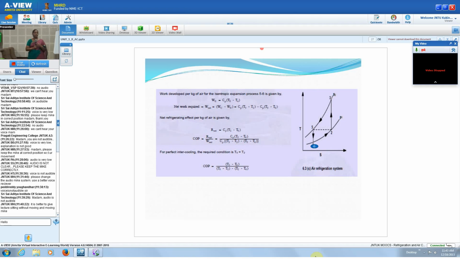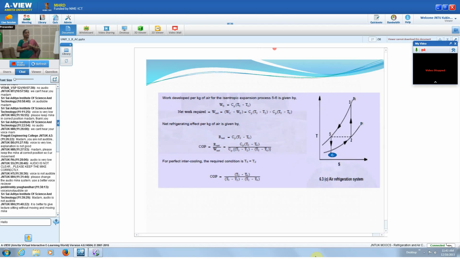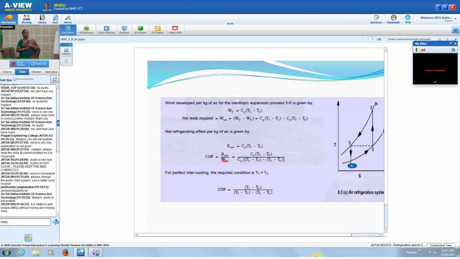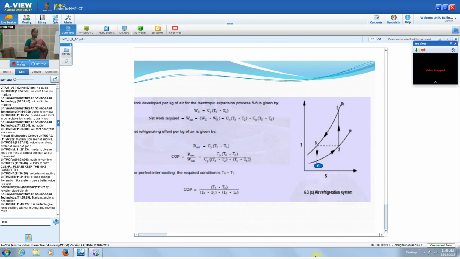Here also we can find the coefficient of performance, by knowing the refrigerating effect produced during the process relative to the work input. The final equation is the refrigerating effect produced in the evaporator divided by the work input.